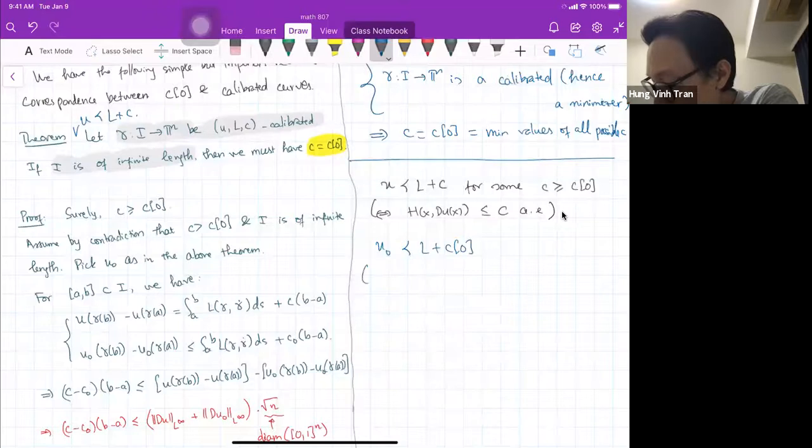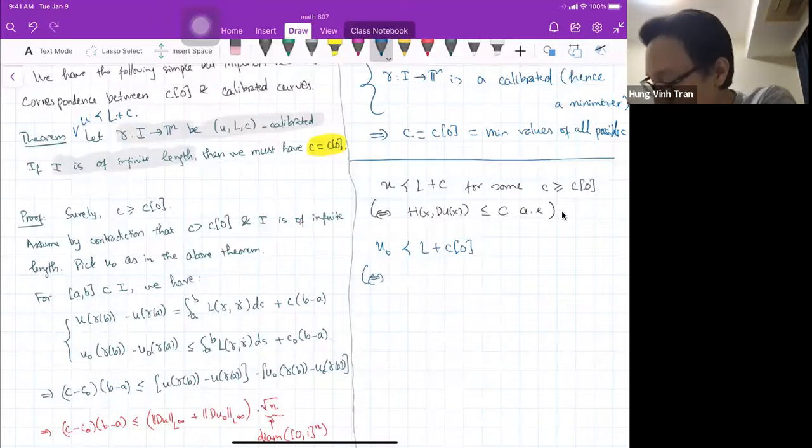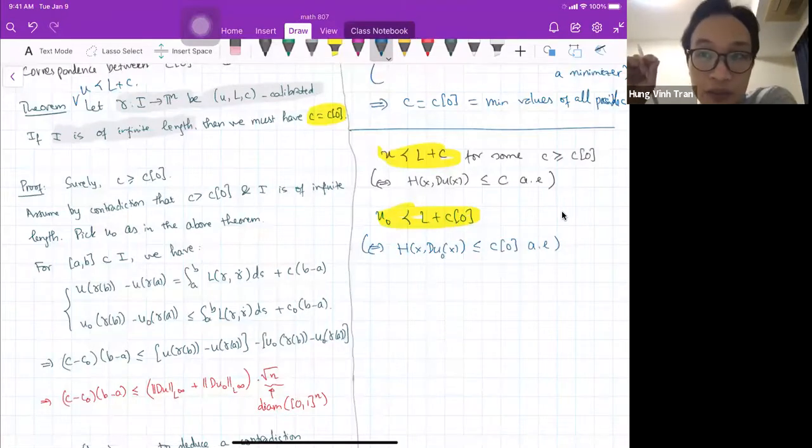And again, this is from the earlier theorem that we proved, right? C naught is admissible, meaning that we can find such a U naught. We did it last time by approximations and passing to the limit by the Arzela-Ascoli theorem. Okay, so those are the two points that we have. We have U dominated by L plus C and U naught dominated by L plus C naught. And so we're just going to recall exactly the two and compare the results, right?